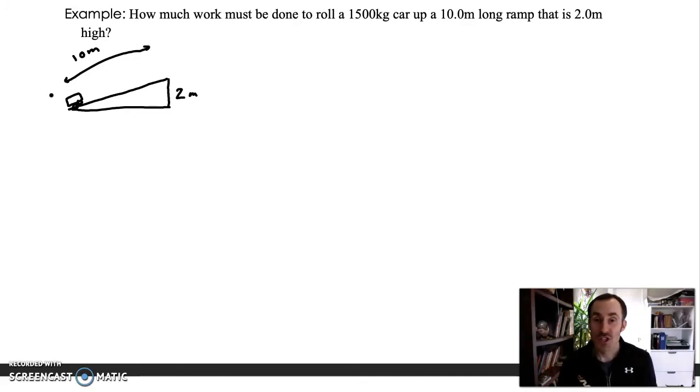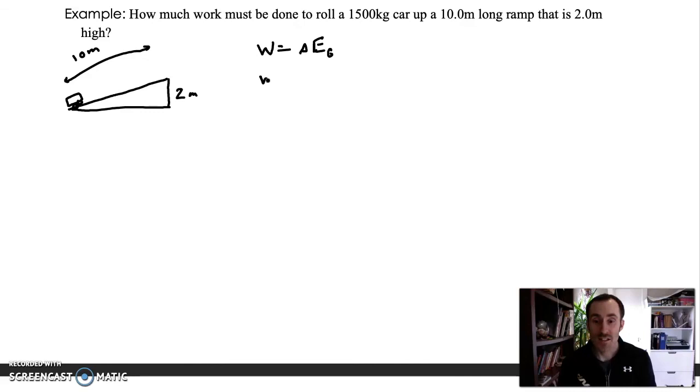So in mgh, the h part is the height above the ground. It's not the 10-meter distance that it has traveled to get there. Okay? And so in order to figure out how much work was done, work is change in gravitational potential energy, final minus initial. But since we're assuming that this car is starting on the ground, initial gravitational potential energy is 0.